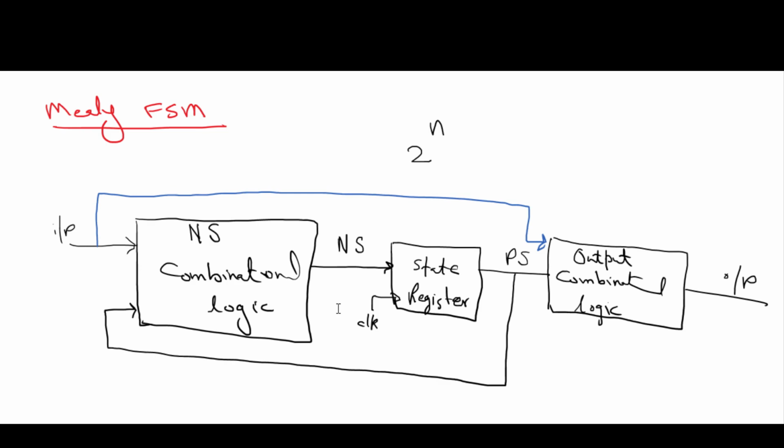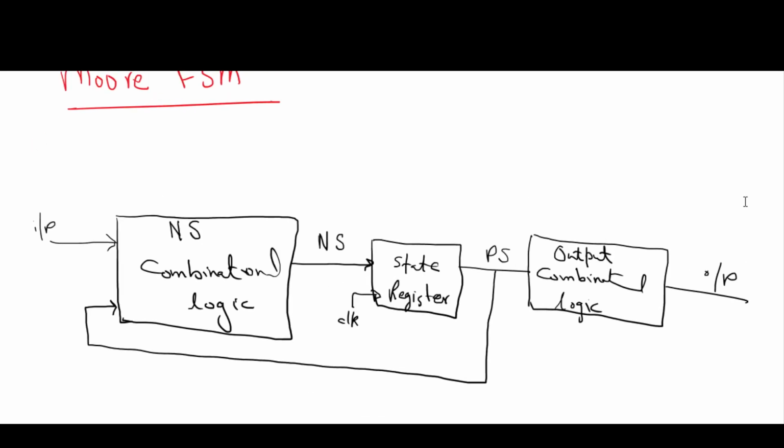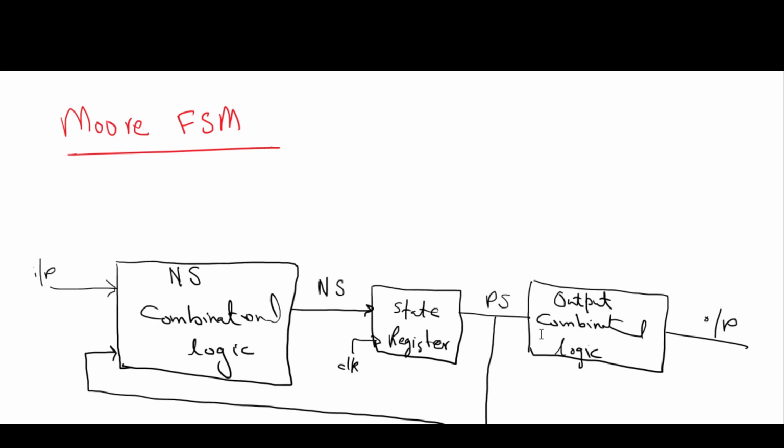Finite state machines are of two types. One is the Mealy type finite state machine, in which your output depends on present state as well as the input. In Moore type finite state machine, your output only depends on present state. It doesn't depend on the input.